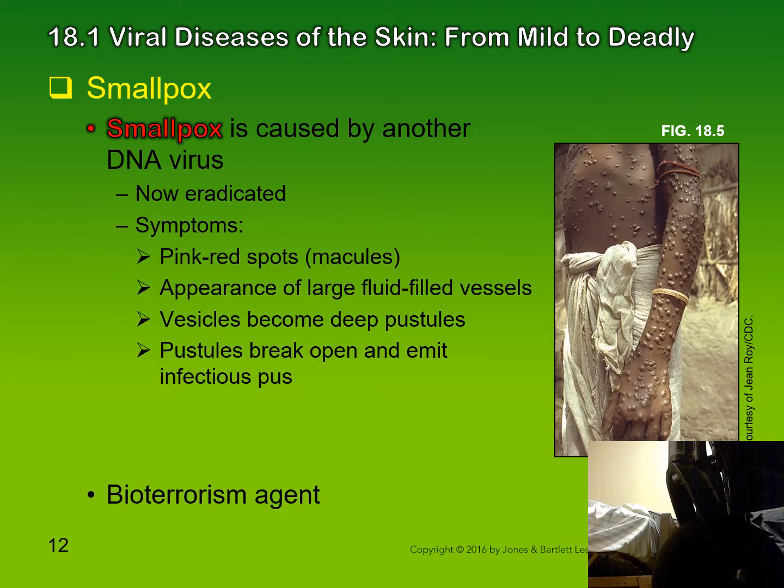If someone was to break open one of those spots, then those pustules would contain a whole lot of infectious particles and be able to spread the disease. So that's part of the reason it was so dangerous. It was pretty easy to have a lot of the virus around because those pustules would break open.